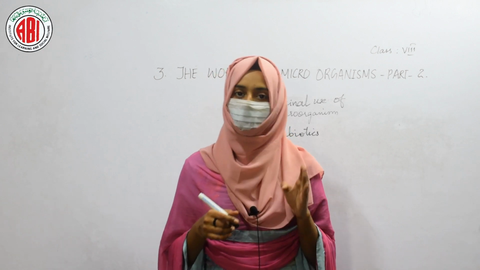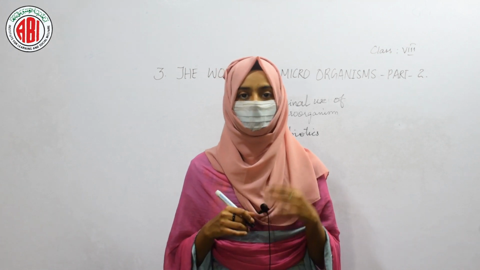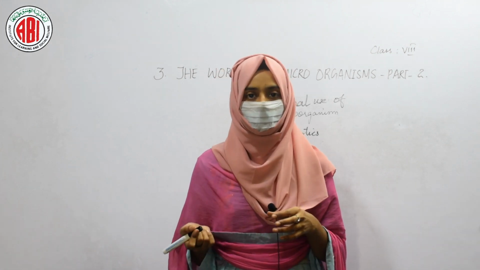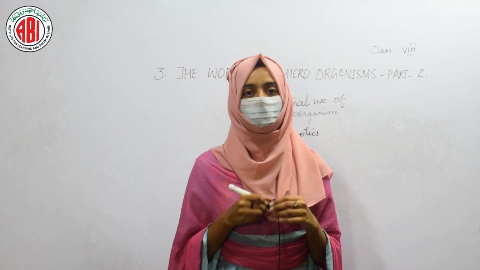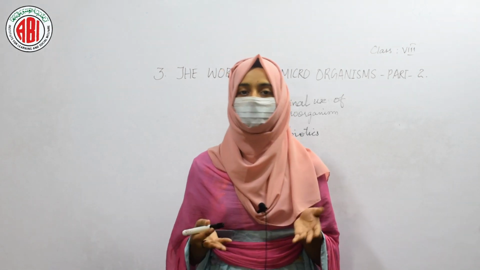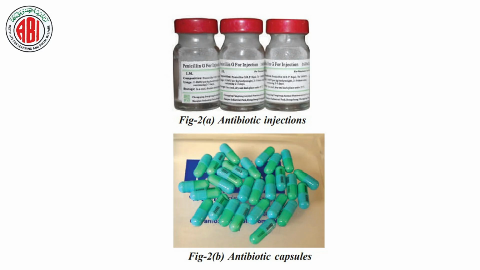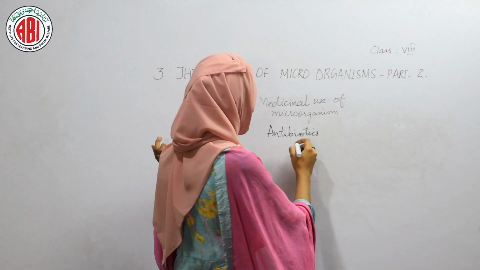So antibiotics should be taken on the prescription of the doctor. The dosage of the antibiotic should be prescribed by the doctor. We cannot take antibiotics as per our own will. So this is about antibiotics, which are medicines derived from microorganisms.